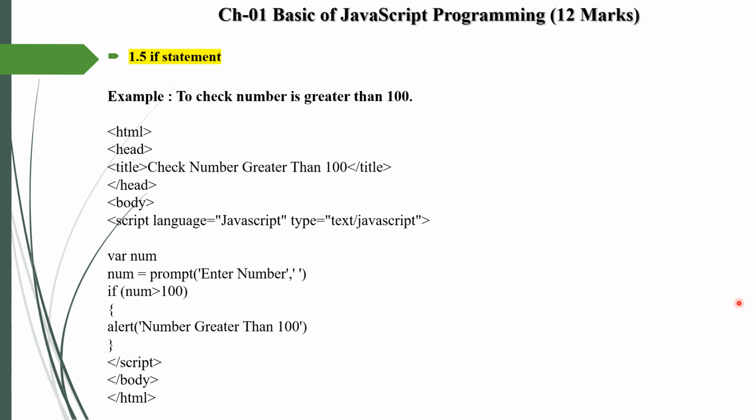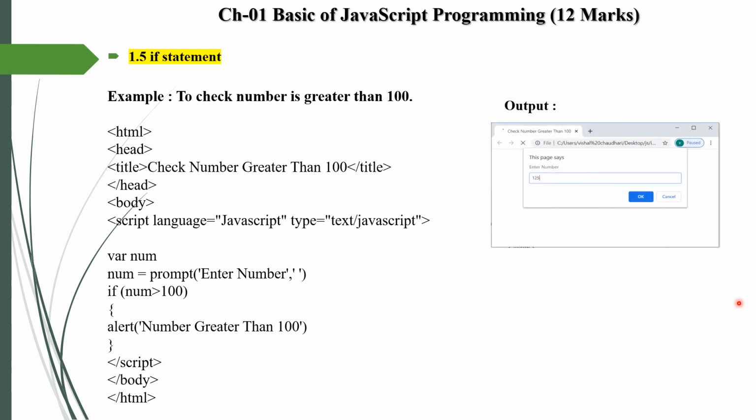So this is the code to execute our example. The output of the program first is displayed like this. In the browser, the title is check number greater than 100, and then one alert box is displayed where it says enter number, and we enter one number.